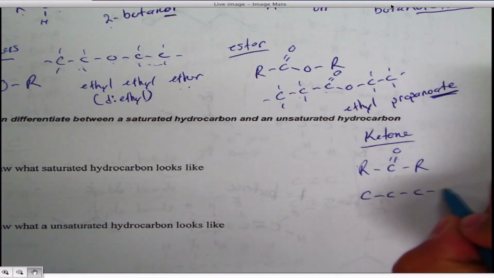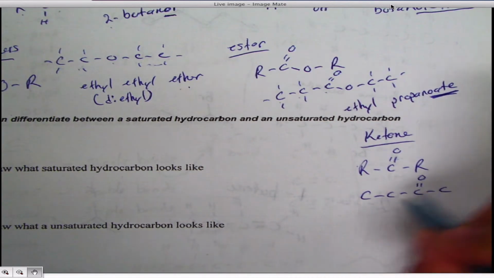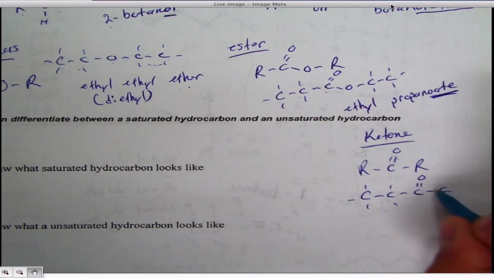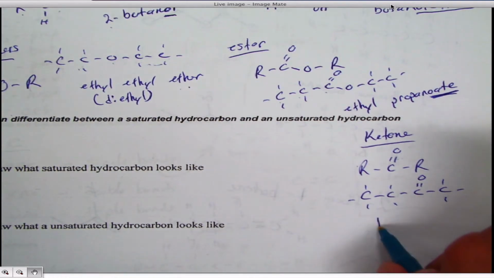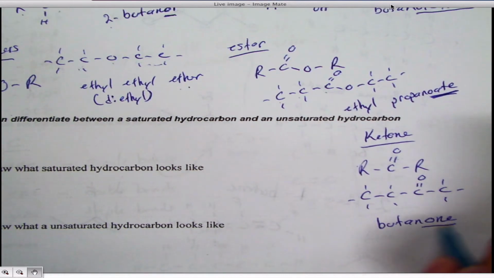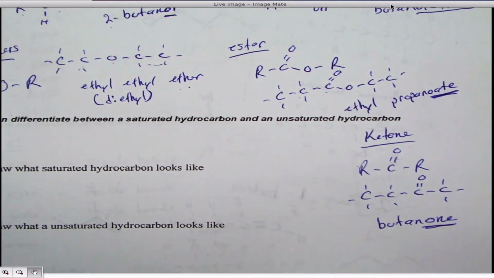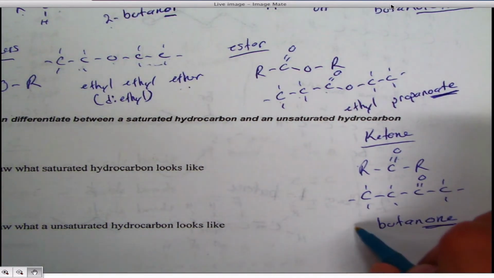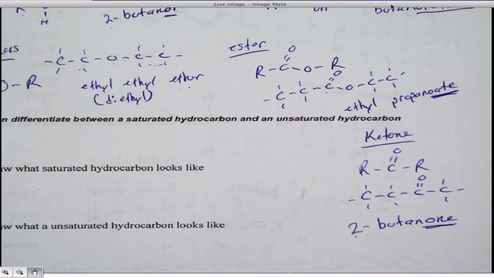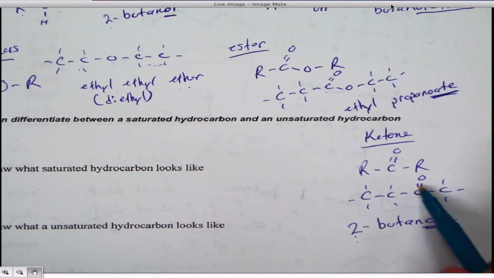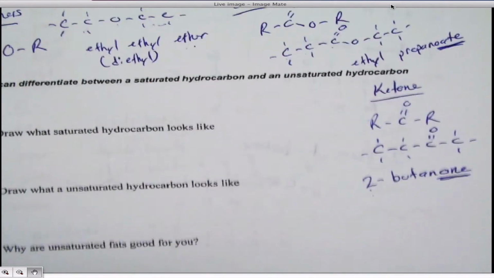Let's use our chain of 4 again. Let's say we have an oxygen here. Don't forget about our hydrogens. We still have 4, so it's a butane ketone. And you got to tell me what it's located off of. So it's a 2-butanone because it's always going to be in the middle. 2-butanone, double bond to the second one. Remember, you can count from left or right on the molecule.